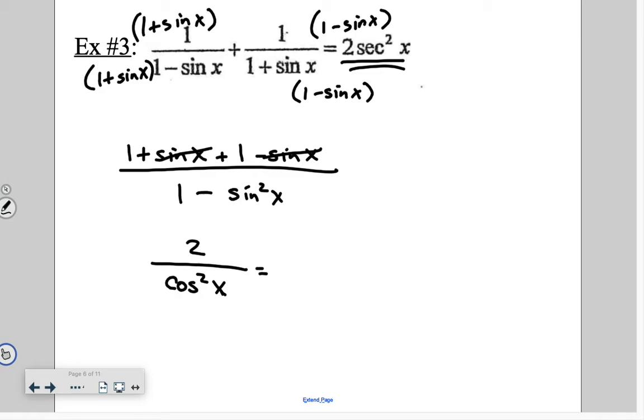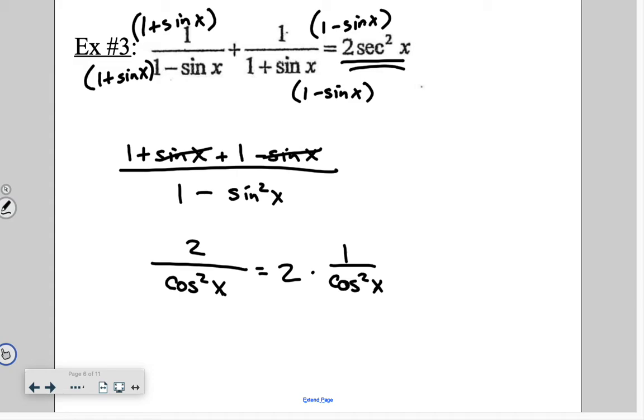Okay? You didn't get that part? Okay, let me show you. So if I take that 2 and bring it out front, I'm going to rewrite this as 2 times 1 over cosine squared. That's the same thing. And 1 over cosine squared is secant squared.